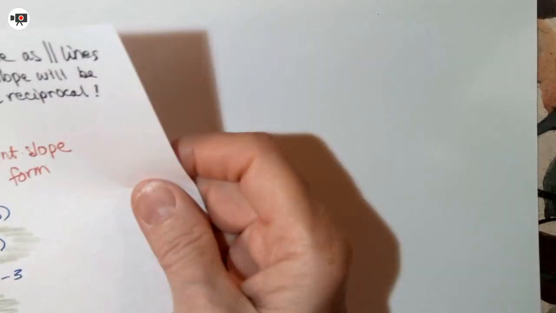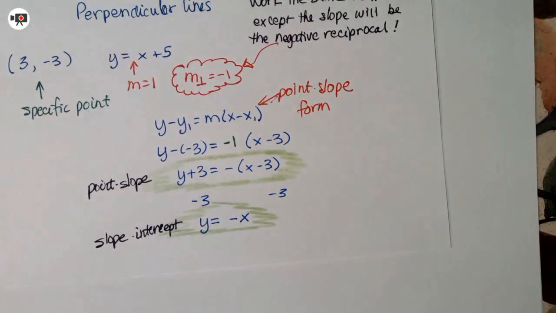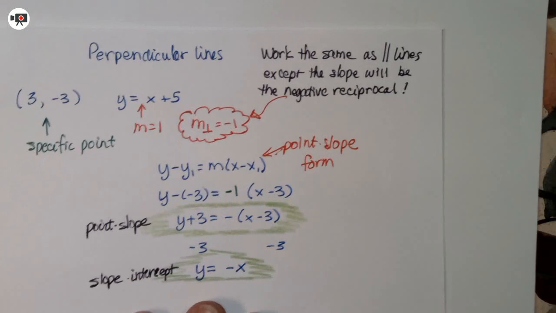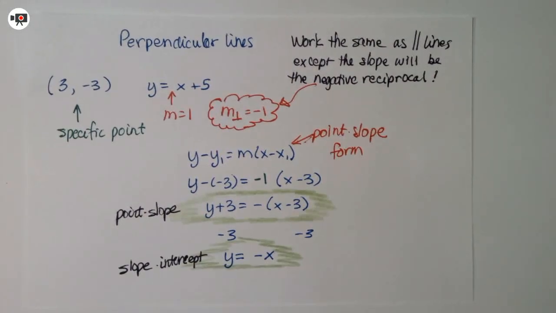Now we'll look at doing perpendicular lines. Okay, the perpendicular lines, you're going to work just the same as you just did the parallel lines. You're going to have a point and a slope, except that the slope will now be the negative reciprocal.